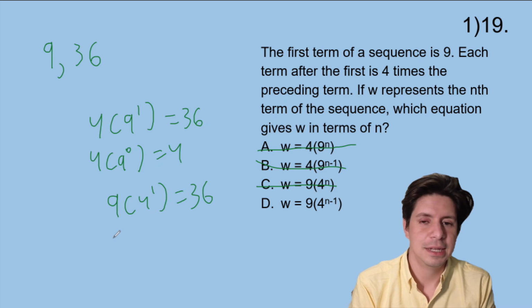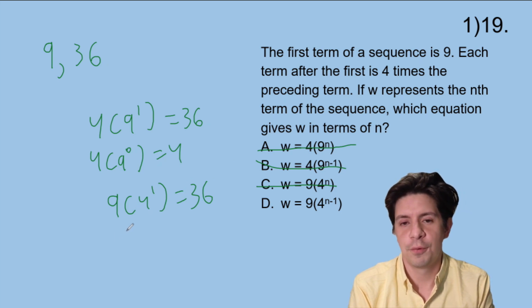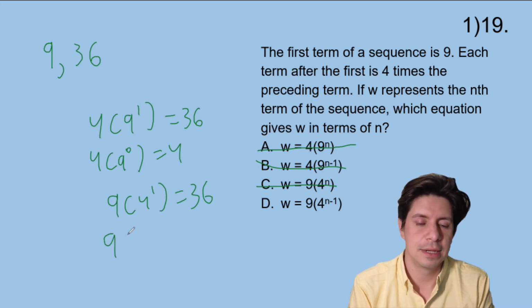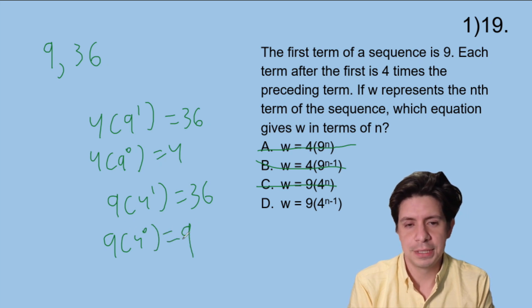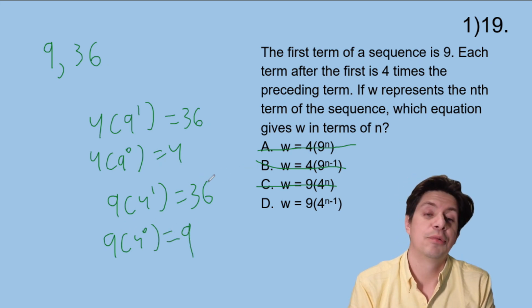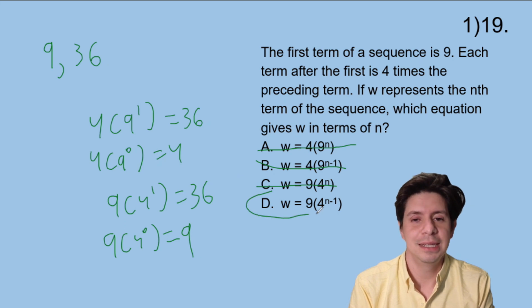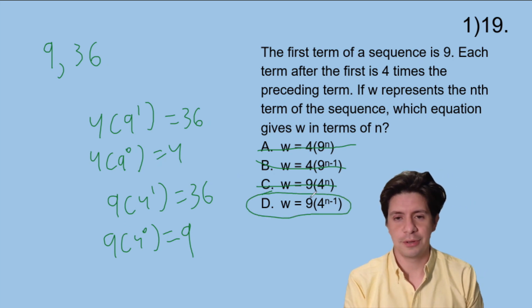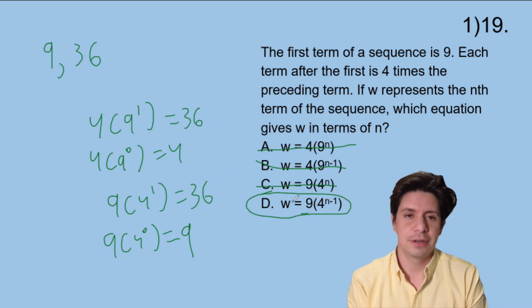Let's check it. 9 times 4 to the n minus 1, so that's going to be 9 times 4 to the 0 equals 9, okay? And that one works. That's the only one that works, so it should be D. It also makes sense in terms of the equation, right? Because we have the initial term here.